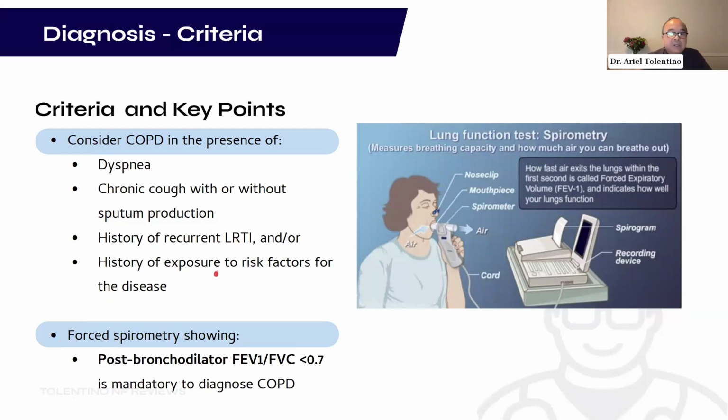Now, what is important is the spirometry reading. We have a mandatory value that will help us diagnose COPD. And that mandatory value is your post-bronchodilator FEV1 over FVC ratio, which should be less than 0.7, or if expressed as a percentage, less than 70%.